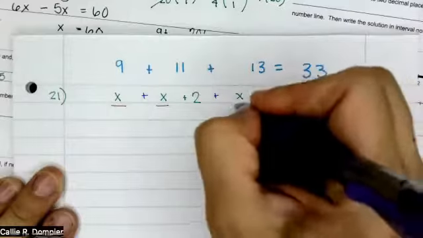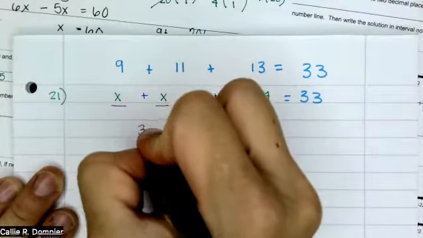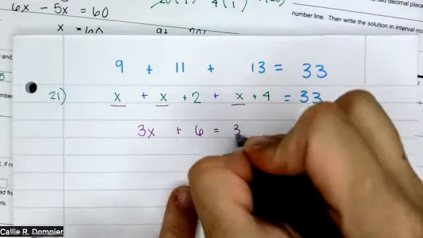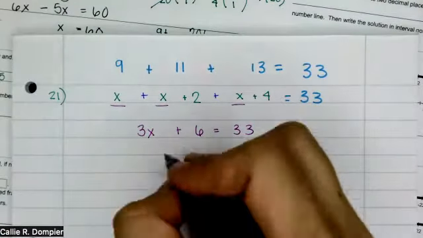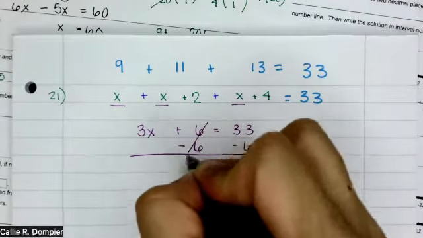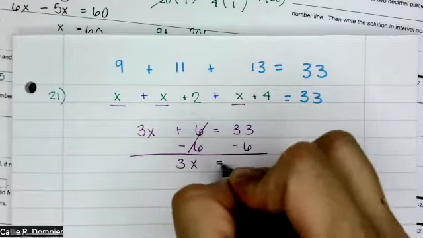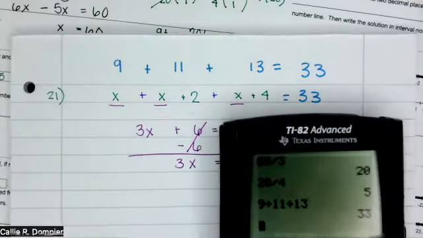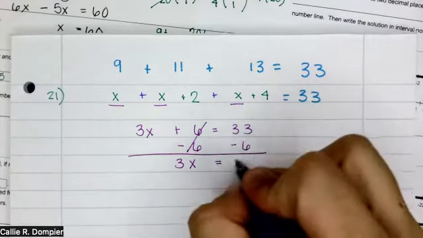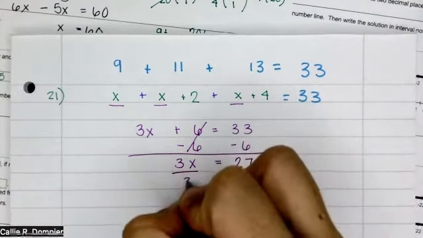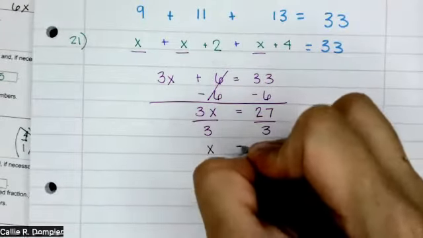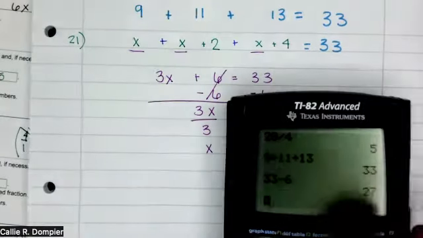X plus x plus x becomes 3x, right? 2 and 4 becomes 6. Right? Now we're just solving, so subtract 6. 3x equals 33 minus 6, 27. Divide by 3, divide by 3. X is 9.